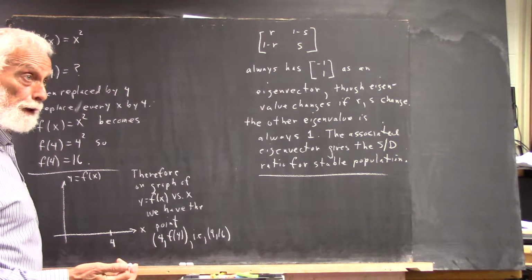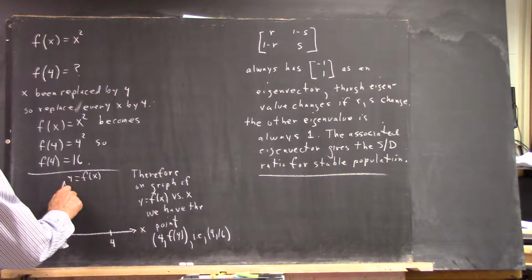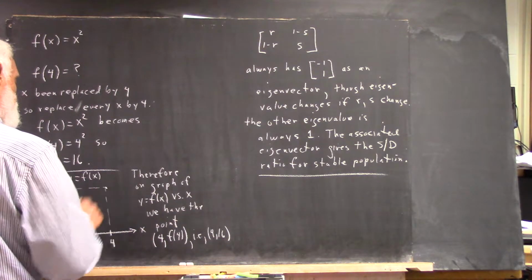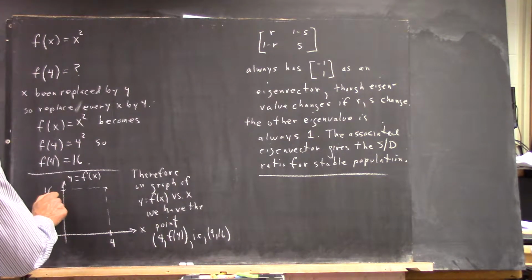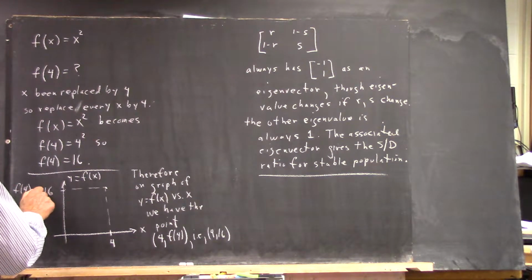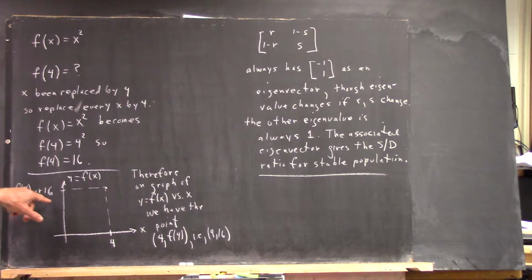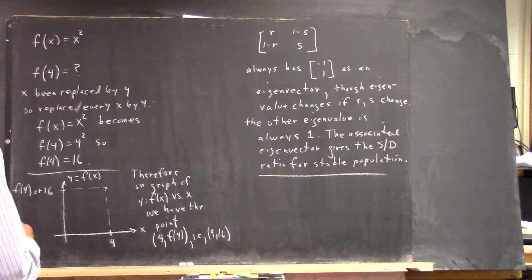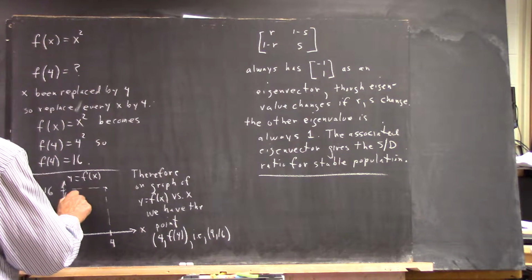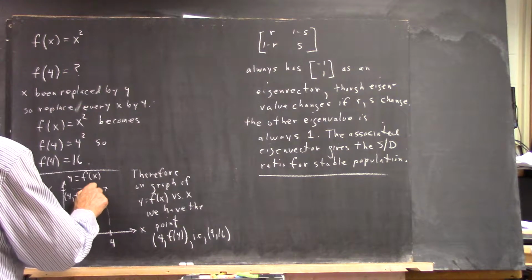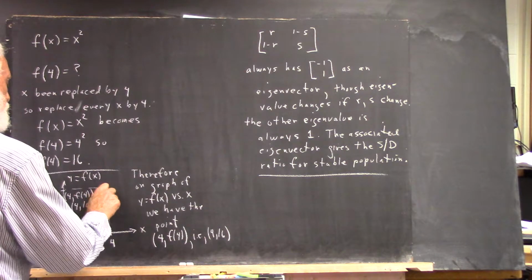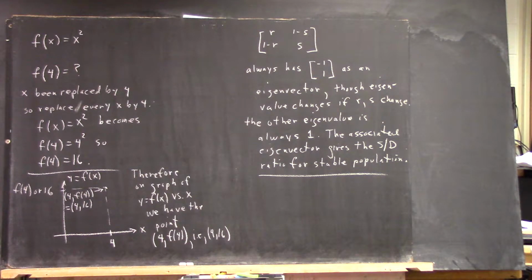That is (4, 16), right? So we have 4, we have 16. The coordinate here is f of 4 or 16, so this point is (4, f of 4), and of course that's (4, 16). Okay?